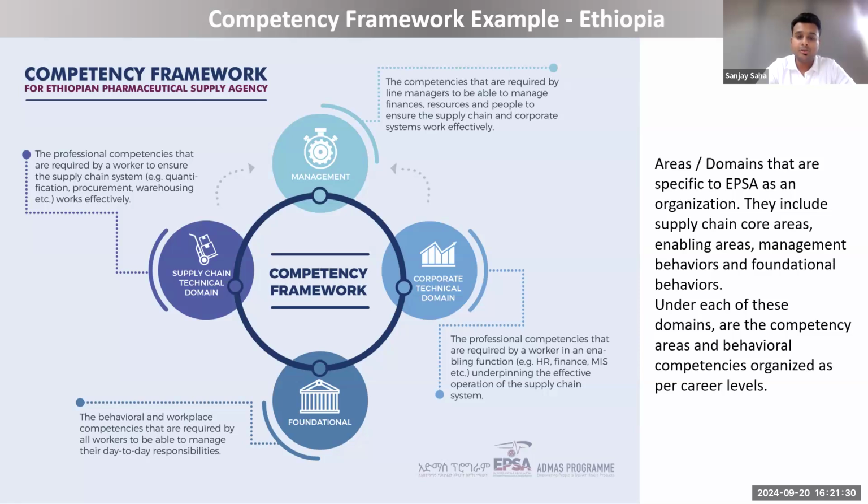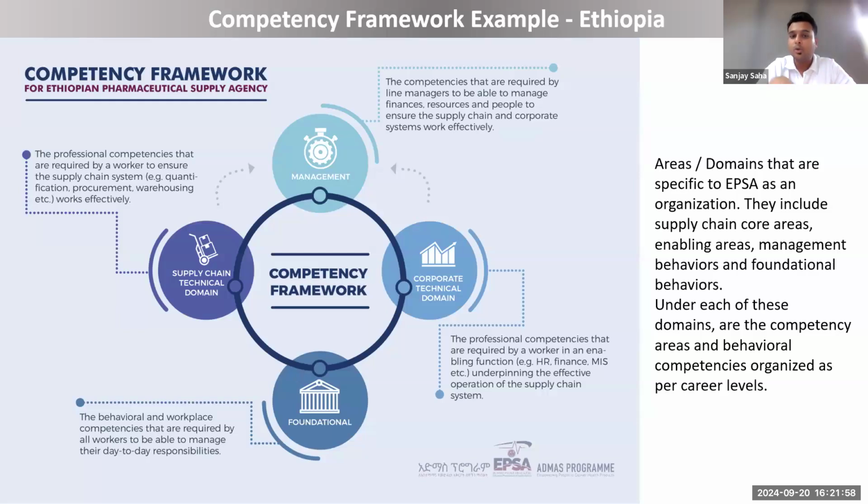So if you see here, those four segments were supply chain technical, for example, quantification, procurement, warehousing. Then their corporate or administrative structures: human resources, finance, management information, etcetera. Then leadership and management, the top one, which says management, and then at the bottom, which says foundational. So what are the basic behavioral skills that are needed by everyone?